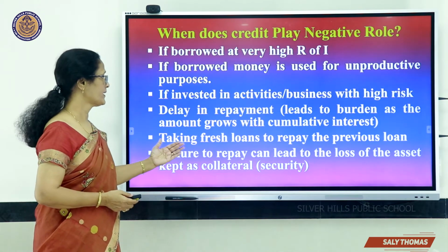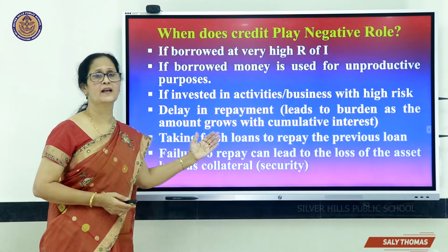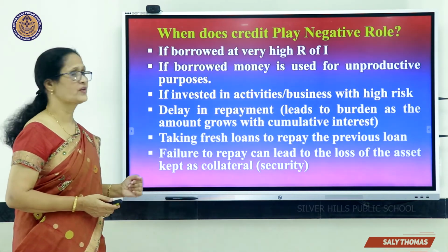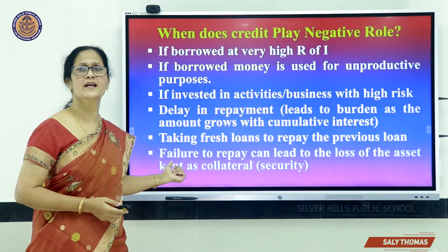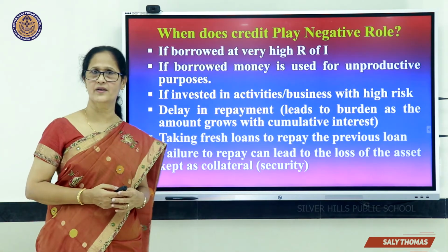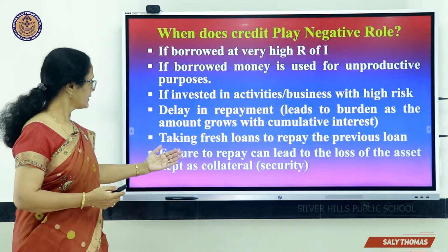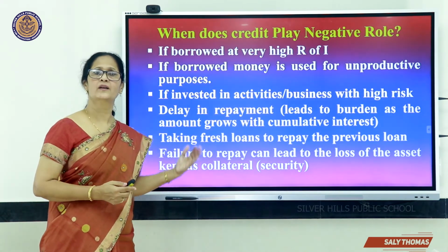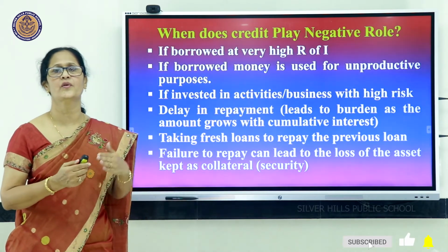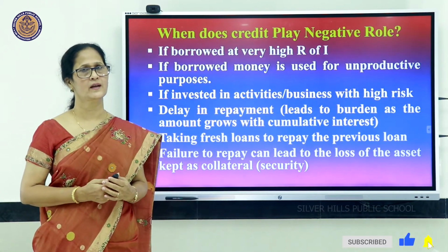And the last, failure to repay can lead to the loss of the assets kept as collateral or security. We will learn what collateral is a little later. Right now, just understand that collateral is a guarantee for repayment of the loan.